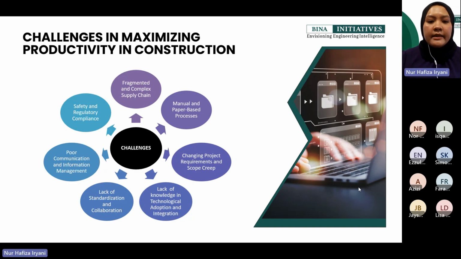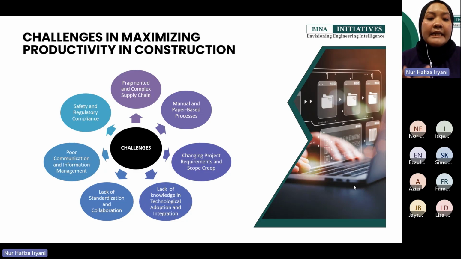Okay, and then next is changing project requirements and scope creep. Ah, susahnya scope creep ni. Okay, so as we know, construction projects are very susceptible to changes in terms of design, in terms of scope, and also in terms of client requirements. Okay, these changes, of course, first disrupt your schedules. Delay here, delay there.